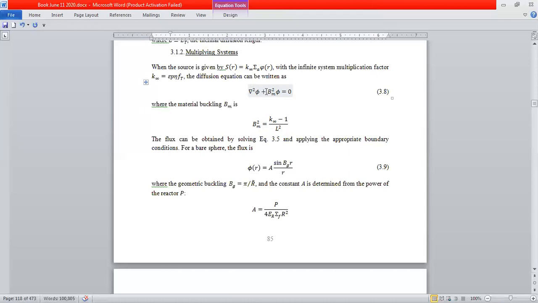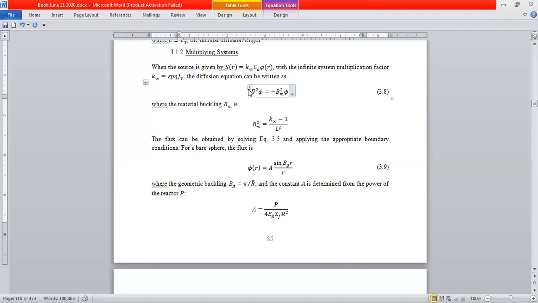If I take the B_M square to the other side, for example, if I were to write it like this and take this out, then what would you call it? You would call it an eigenvalue problem. Why? Because eigen is a German word.